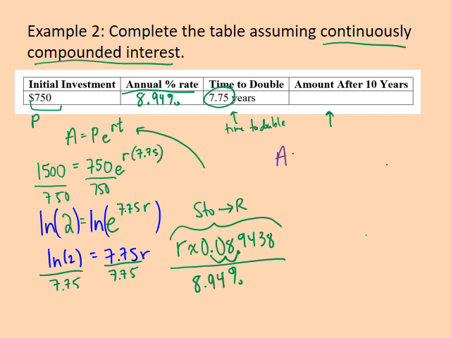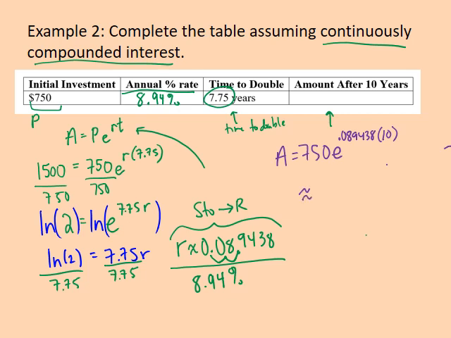So we have A equals our initial investment, which is 750, times E to our rate, which is this very long decimal, which I have stored in my calculator as R. So I'm not even going to type in this decimal, I'm just going to type in R. And then since we want the amount after 10 years, I'm going to plug in 10.